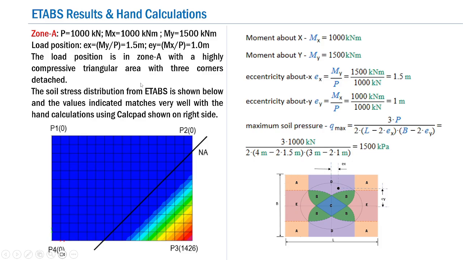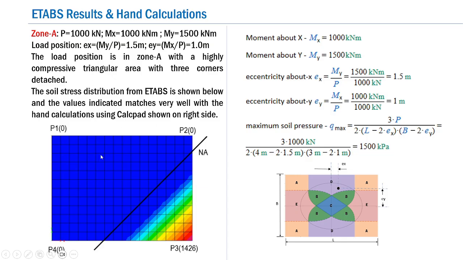Just like the previous case, the soil stress distribution from ETABS is shown here, and the values of the soil pressures at the various corners are indicated over here. As you can see, this kind of load position results in a highly compressive triangular area.